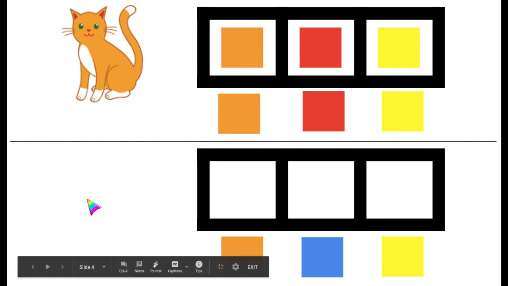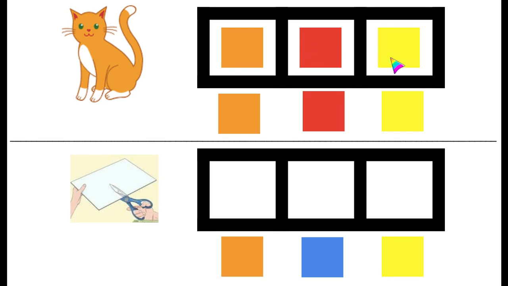Like, let's look at this picture. Like cut. What if I wanted you to take cat and change it into cut? Which color block needs to change? Is it the orange, the red, or the yellow that needs to change to turn cat into cut? When you know, whisper it to me.